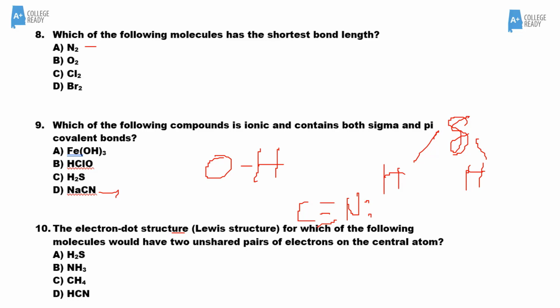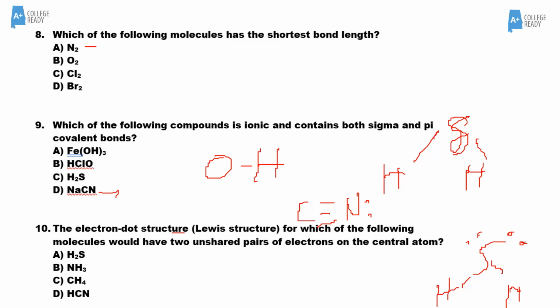Which one of the following would have 2 unshared pairs of electrons on the central atom? So to do this, you would have to draw it out. And I drew it badly above, so let me try again. Here's sulfur dihydride, or hydrogen sulfide. And you'll notice that sulfur, when you draw the complete Lewis structures, has 2 lone pairs around it and 2 bonding pairs.